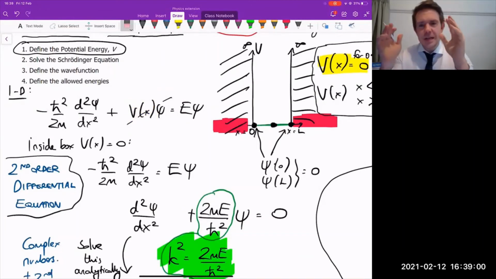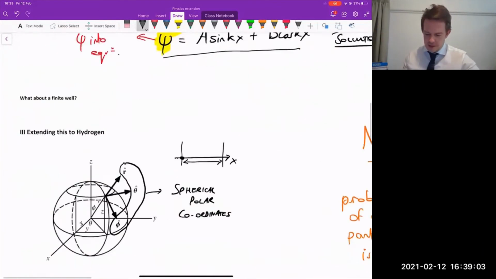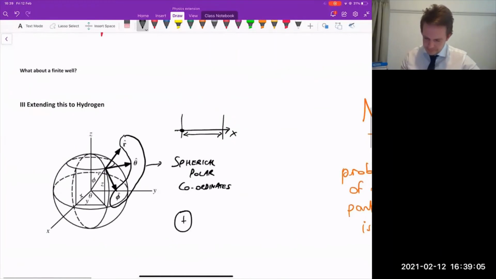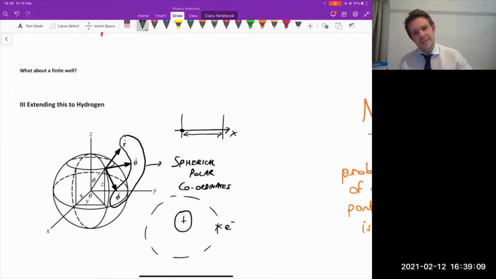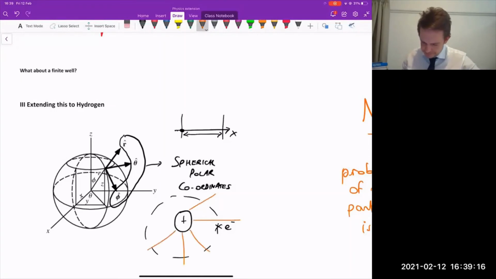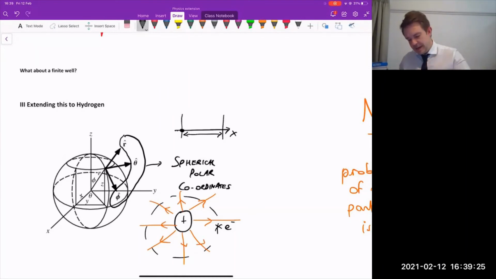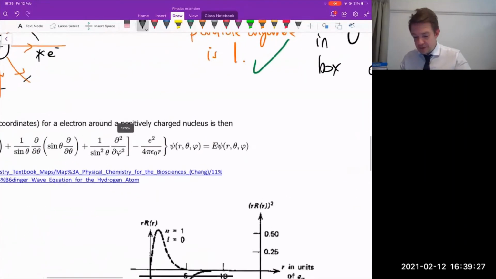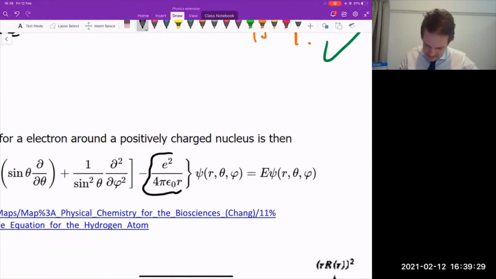When you've got a hydrogen atom, which is a positive charge in the middle, and an electron sitting in the potential well of that positive charge, because this positive charge creates an electric field around itself, it's not that the electron is sitting in a potential well which is 0, it's sitting in a potential well which is given by this thing. So this is the Vx bit of the equation.